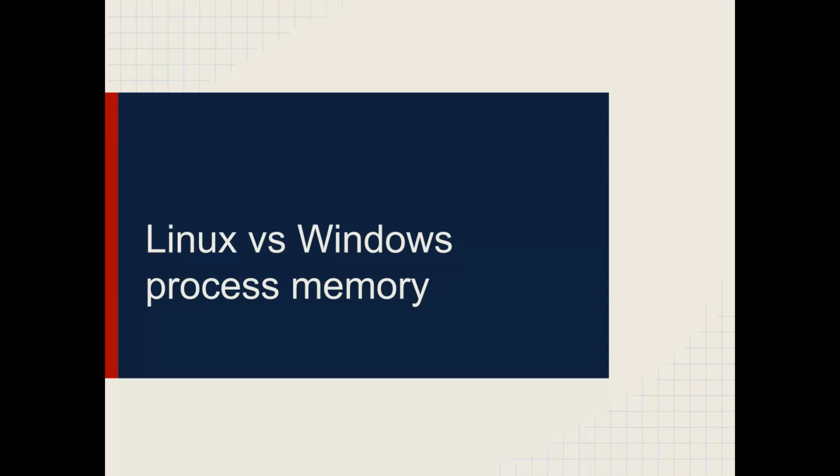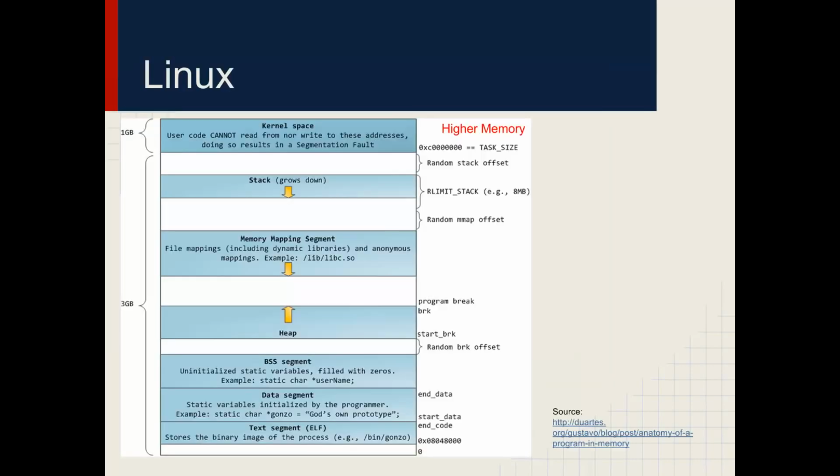So to recap Linux and Windows process space. In Linux, the higher memory is at the top, and the stack grows towards lower memory, and the heap grows towards higher memory. This is where the dynamic libraries are loaded in. You have the BSS segment, the data segment, and the text segment.